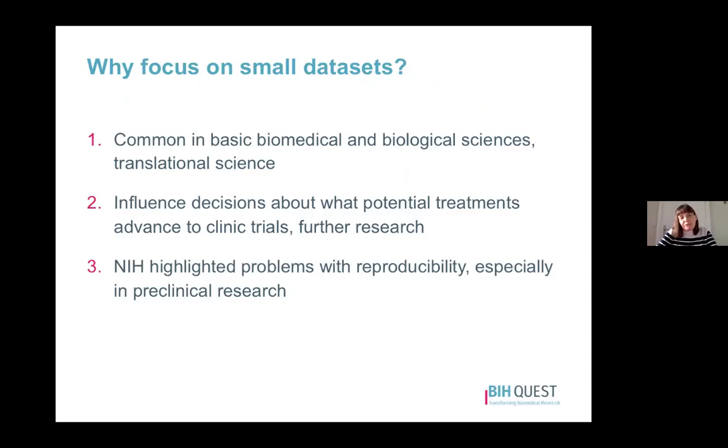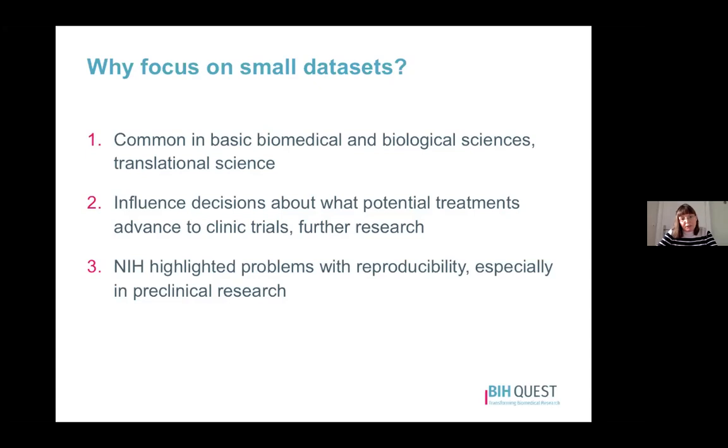The first is that small data sets are very common in the basic biomedical and biological sciences, as well as in translational science. So for example, if we look at preclinical studies of cancer or stroke, the average sample size is 8 animals per group. These studies are also important because they influence decisions about what potential treatments advance to clinical trials or to future research.